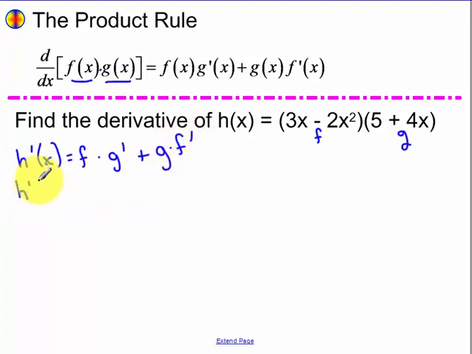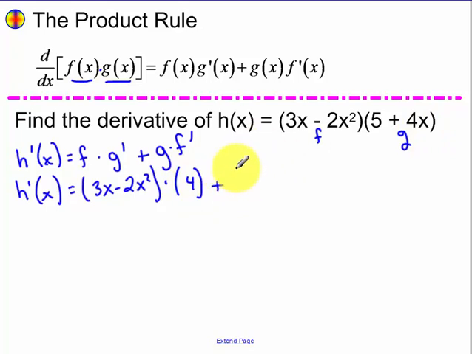Okay, so we take our f of x, which is just regular old 3x minus 2x squared, times the derivative of the second, which the derivative of just this function is 4, plus, leaving the second alone, plus 4x, derivative of the first, which turns into 3 minus 4x.